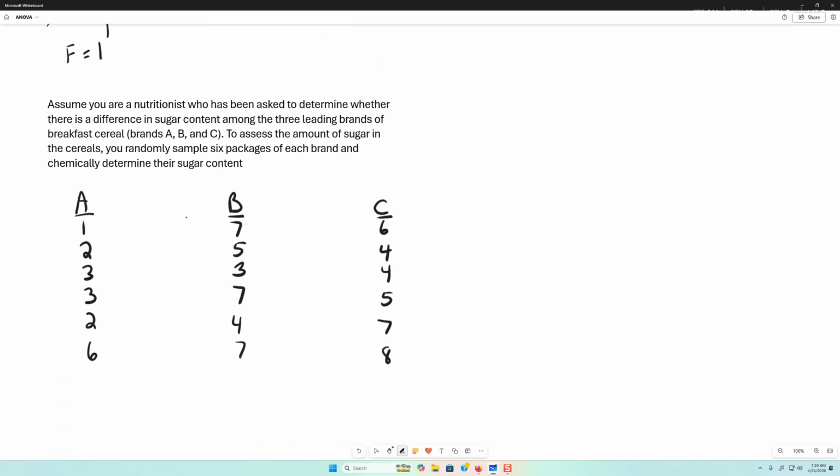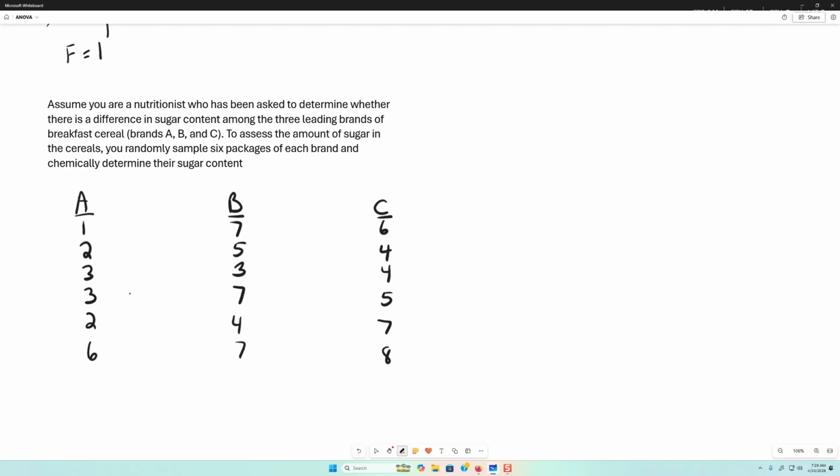How different are they? So how different is A compared to B, A compared to C, B compared to C, right? Are they similar? Or are they spread out? Are the data similar for these 3 groups, or are they spread out? The more spread out they are, the higher the between groups variance.